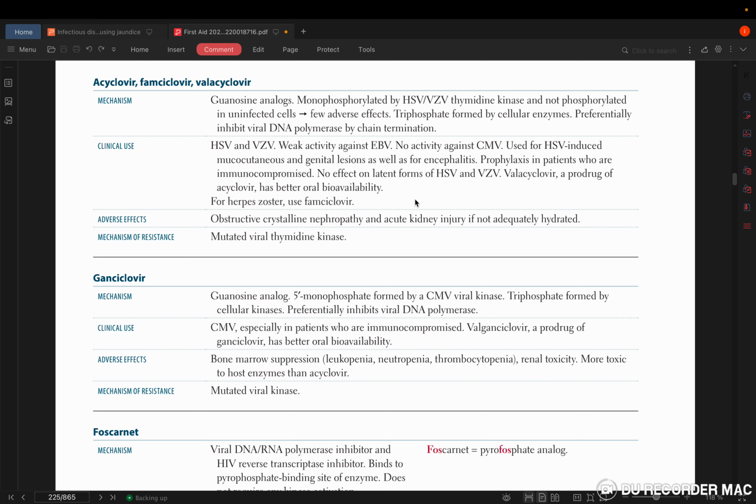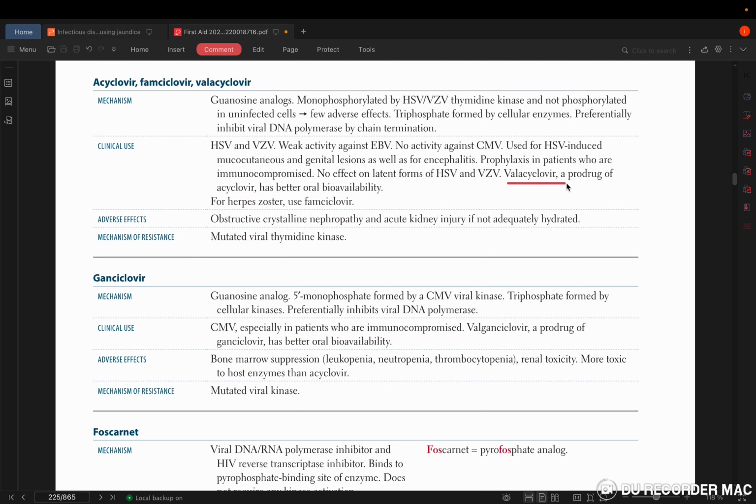In the future, we will learn what that means, okay? But now it's in clinical trials, which means it will take 3 to 5 years for it to be on the market. Absolutely correct. So wait 3 more years, please. So prophylaxis in patients who are immunocompromised, no effect on latent forms of HSV and VZV.